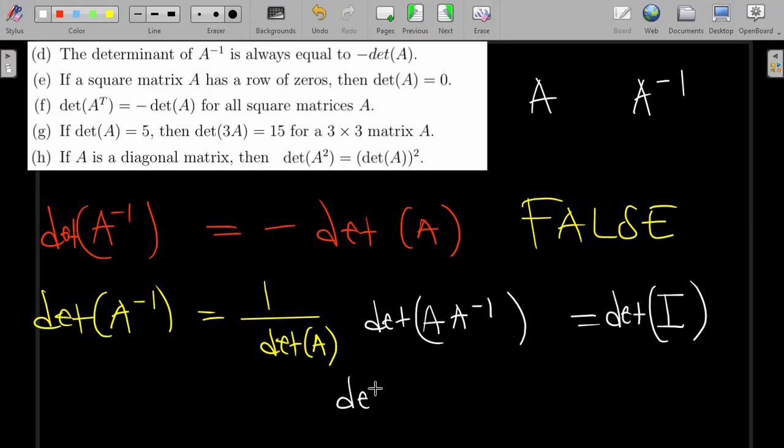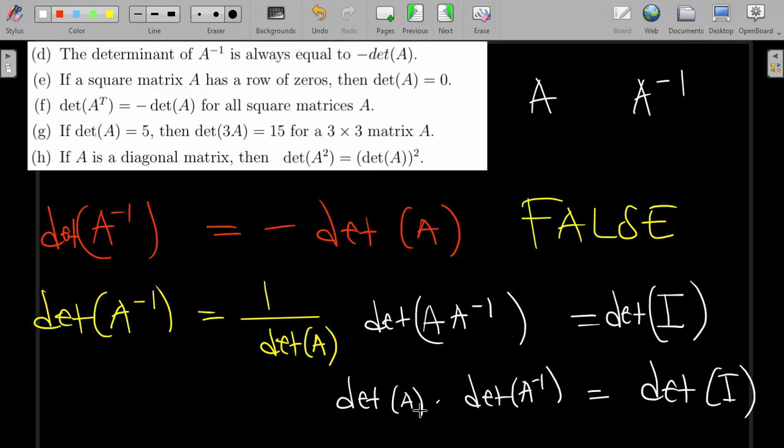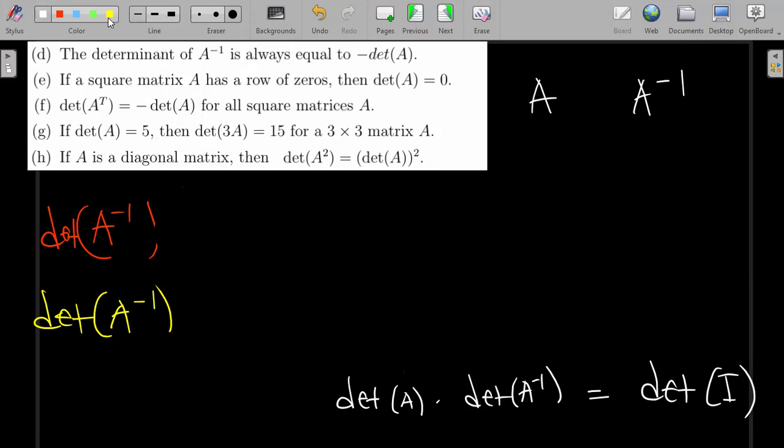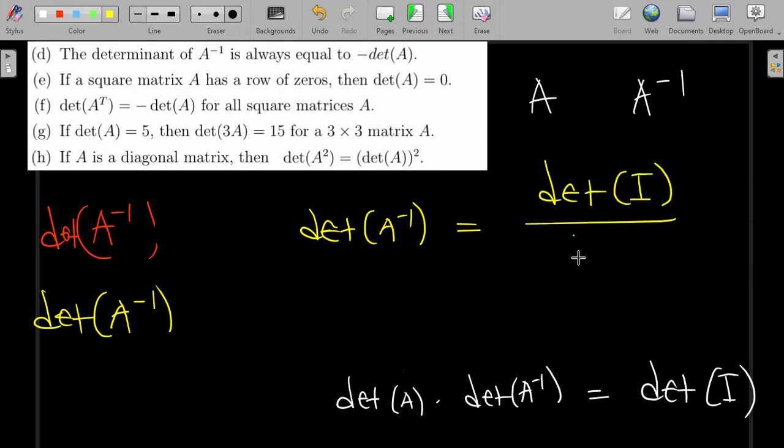So the determinant of A multiplied by the determinant of A inverse is equal to the determinant of I. From here, the determinant of A inverse is equal to the determinant of the identity divided by the determinant of A. The determinant of the identity is always 1.